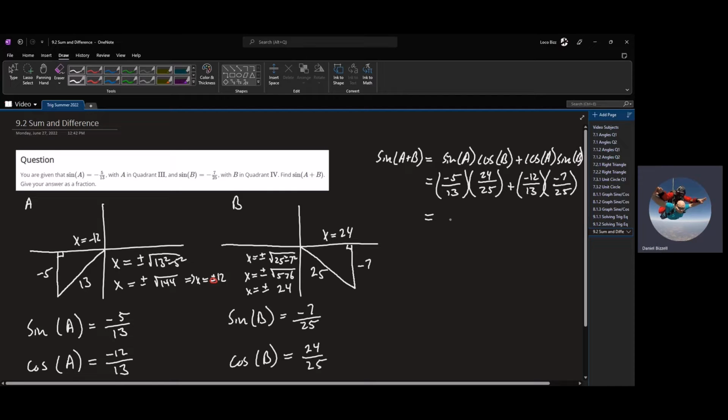And throwing this into the calculator, we end up with negative 36 over 325 for the sine of A plus B, and this is our answer.